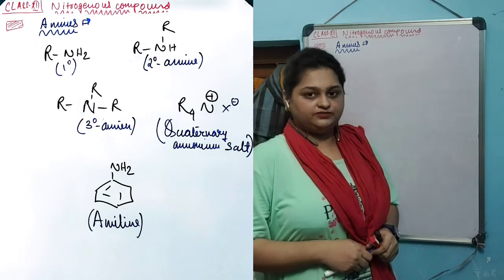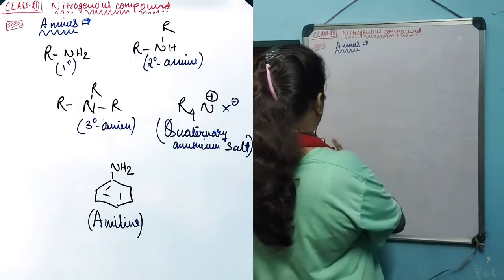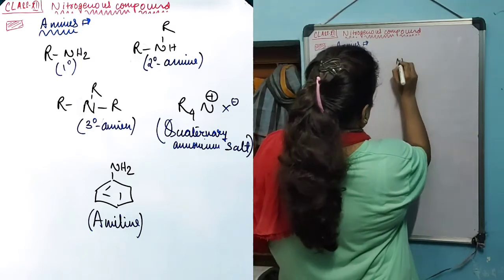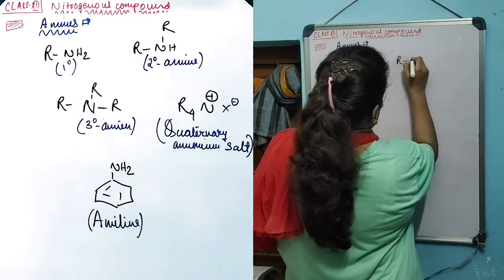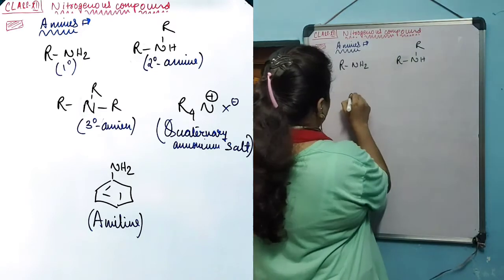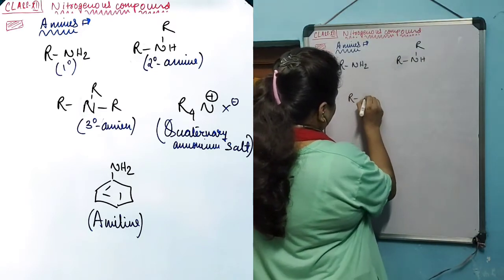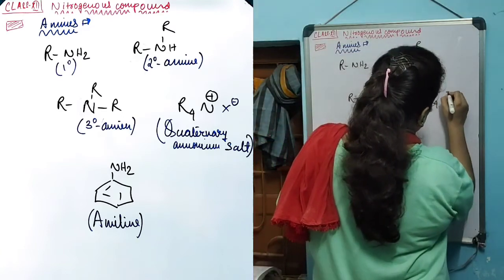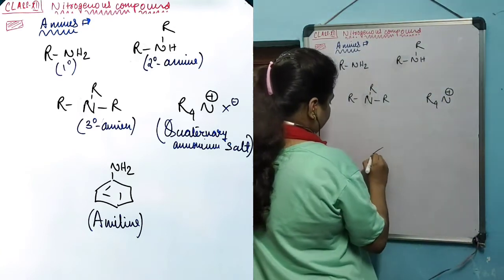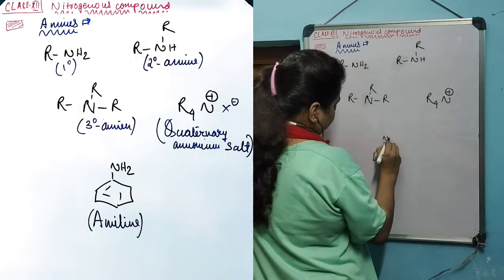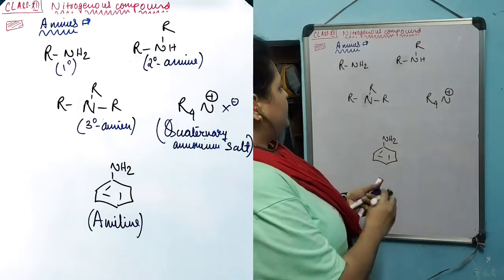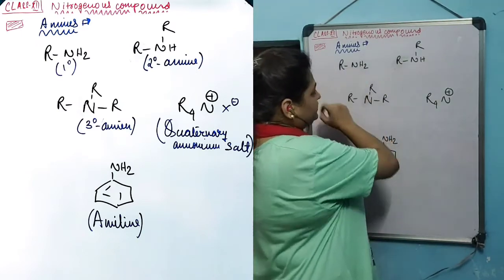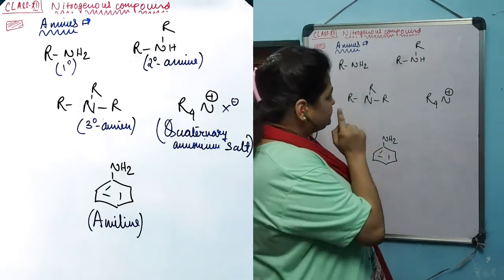Amines are identified on the basis of their degree. If the NH2 group is attached with an alkyl group, that amine will be designated with the help of the degree.